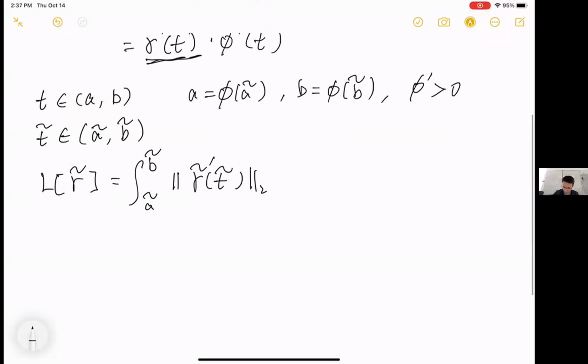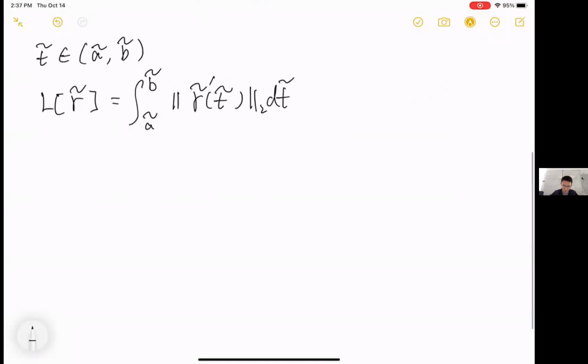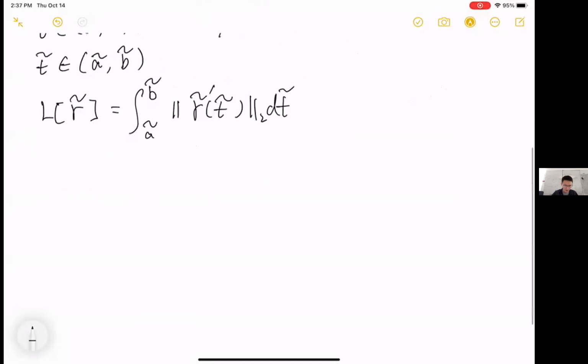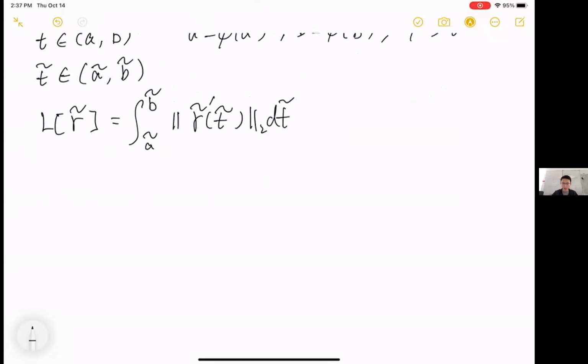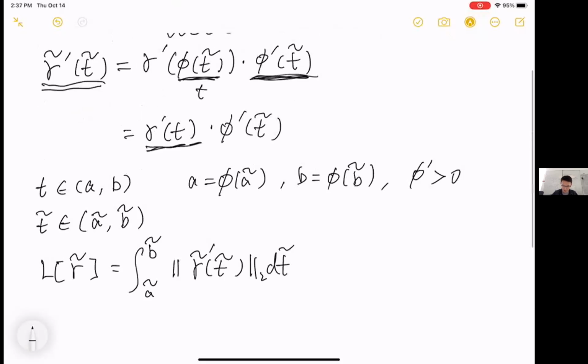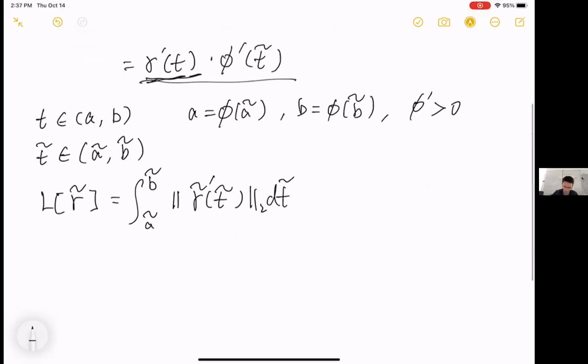Up to this point, I didn't do anything, just plugged into the formula showing on the slide. Then, as before, we take our velocity computation, because we computed this value here, and plug the result into this integral.